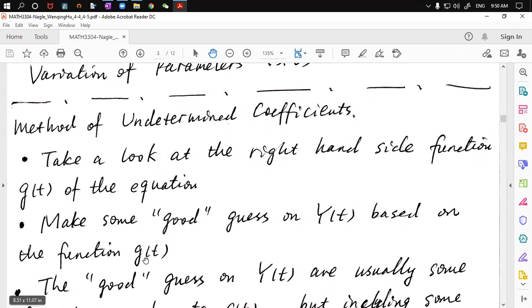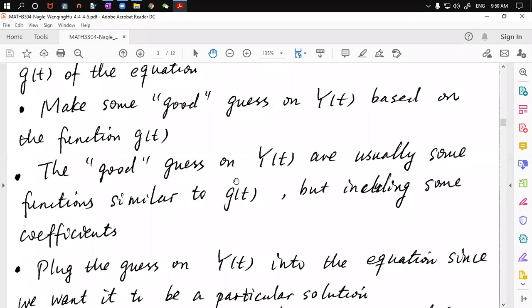The good guesses are usually functions similar to g of t, but including some coefficients. For example, if g of t is an exponential, then you try an exponential capital Y of t, but with unknown constants, coefficients.